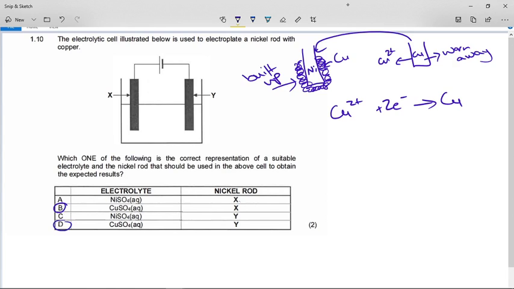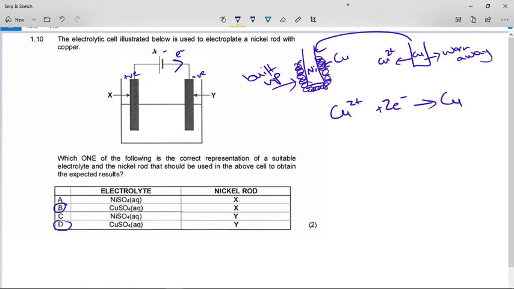So it's got to be B or D. Then the next point is, which of these two electrodes is in actual fact the nickel? If we look, there is a battery in here. Because this reaction doesn't want to occur, you have to add energy in the form of electrical energy from a direct current source. So here's my direct current source, with this side positive and this side negative. We have a flow of electrons out of the negative terminal, which makes this electrode negative and the other positive.